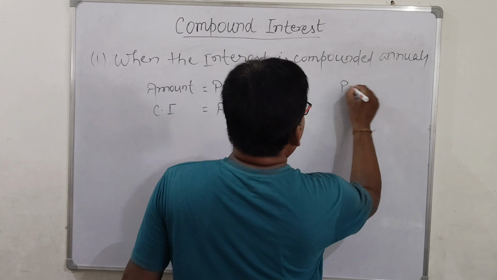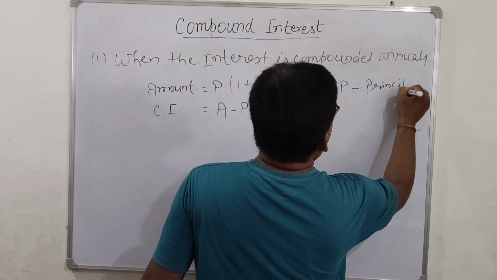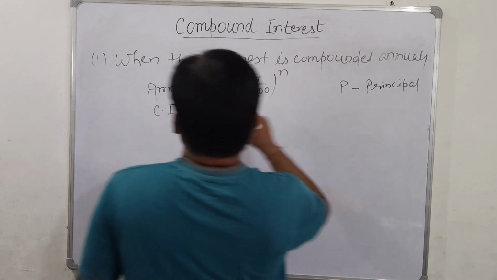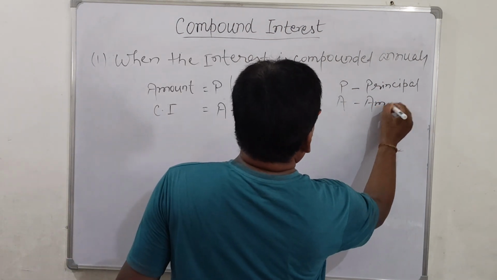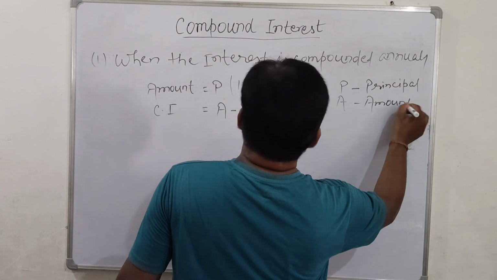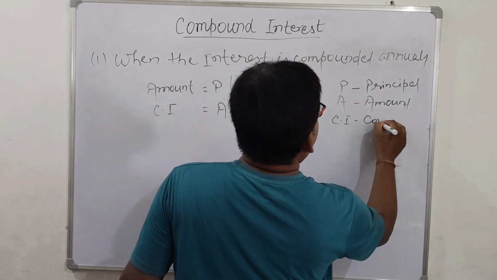Here P stands for principal, A stands for amount, CI stands for compound interest.